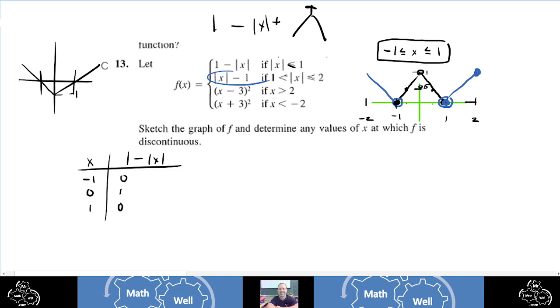All right, so greater than 2 looks like this, x minus 3 squared. That's x squared, which is a parabola that has a vertex at 0. The minus 3 inside with the x means that it moves to the right 3 units. So that's going to go over here 3 units. This is going to be 3.